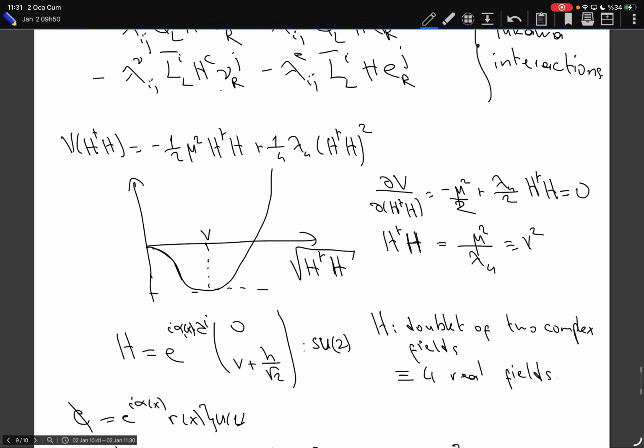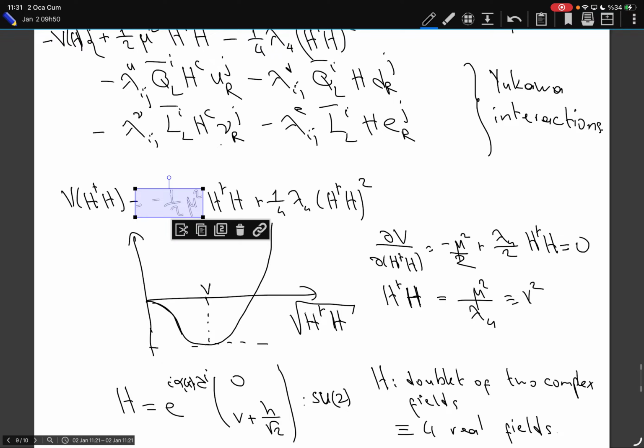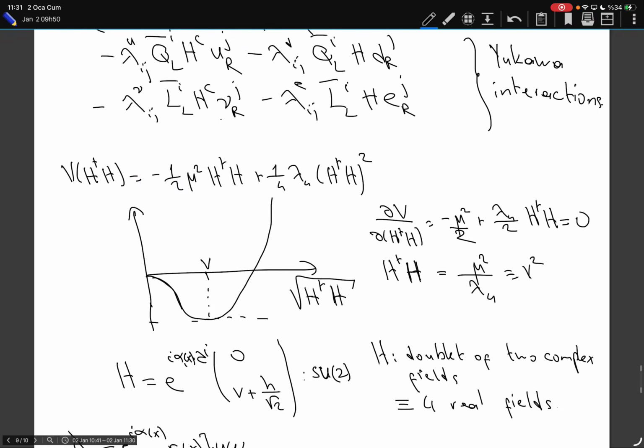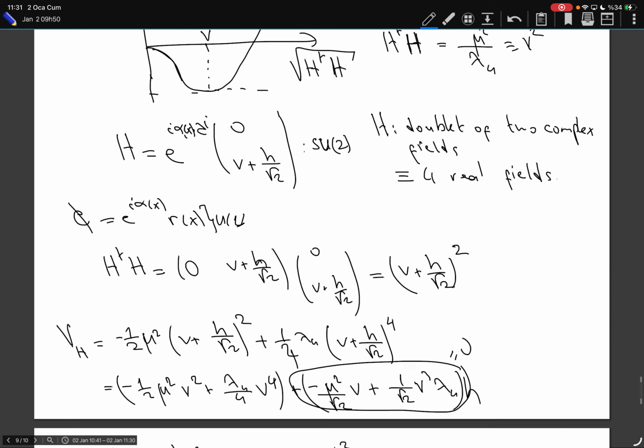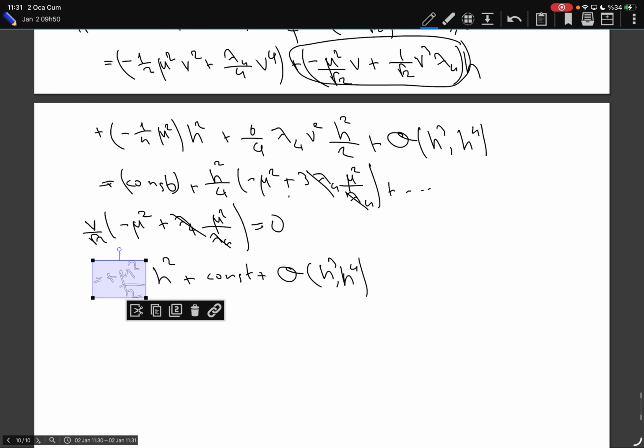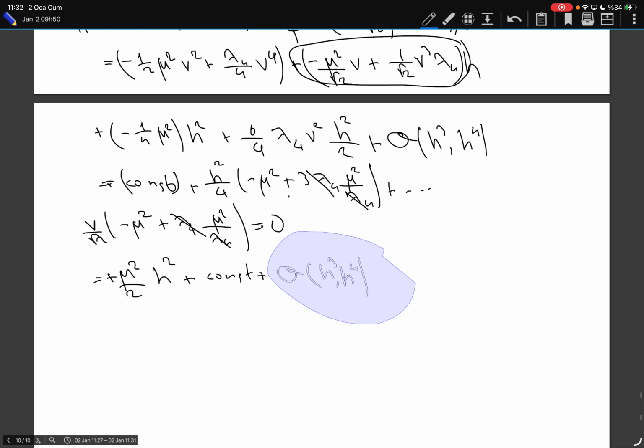Initially in the potential I had a negative mass squared term, but when I expanded near the ground state, the mass squared term is positive. That is, I don't have instability around the ground state. And here I have self-interactions of this H field. Furthermore, the other fields will not appear.